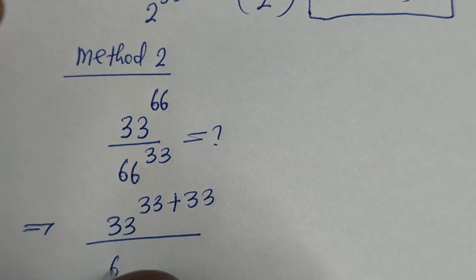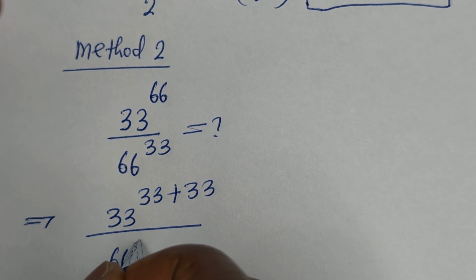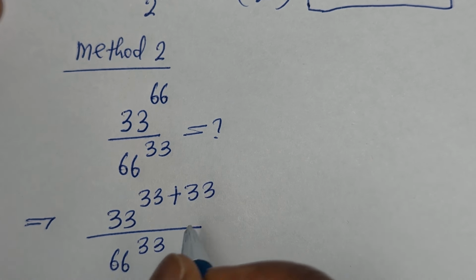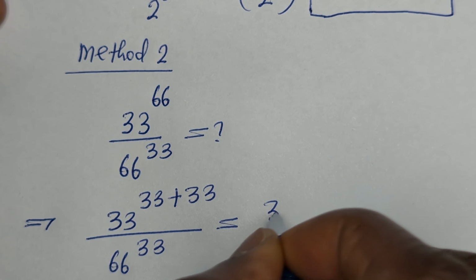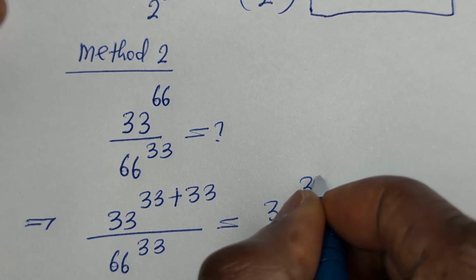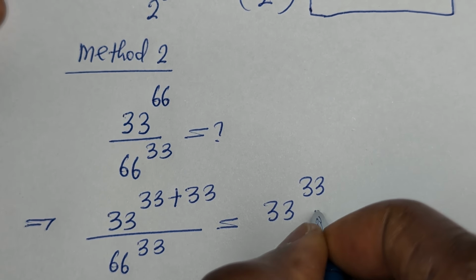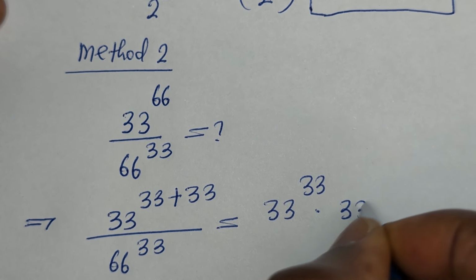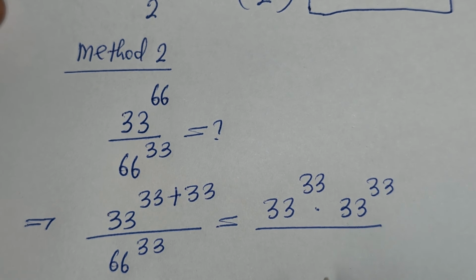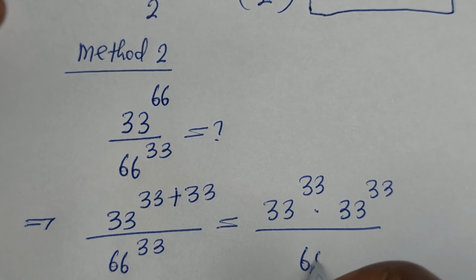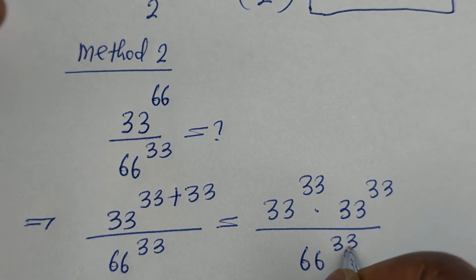here we have 66 raised to power 33, and this is equal to 33 raised to power 33 multiplied by 33 raised to power 33 divided by 66 raised to power 33.